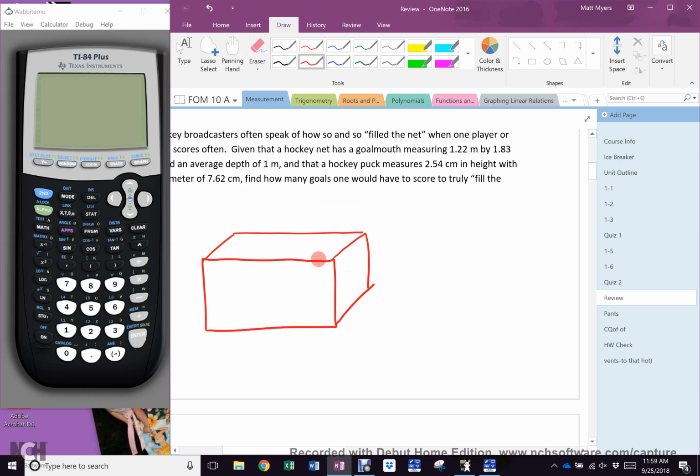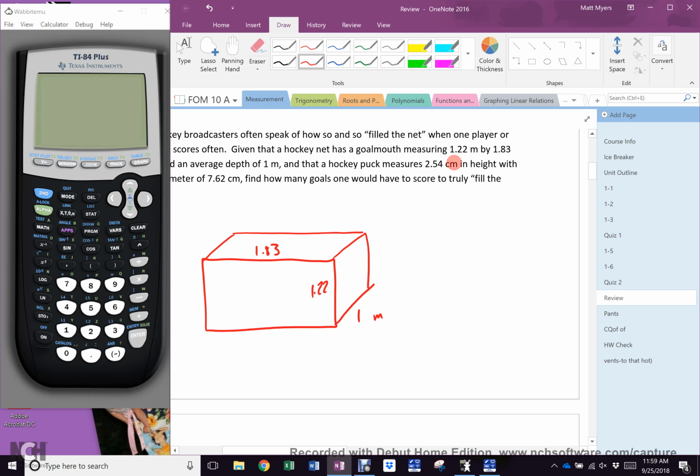How wide is the net? Long, wide, it doesn't matter. How long is this line that I am highlighting? 1.83. How long is this line that I am highlighting? 1.22. And how long is this line? 1 meter. Agreed? What are the pucks measured in?